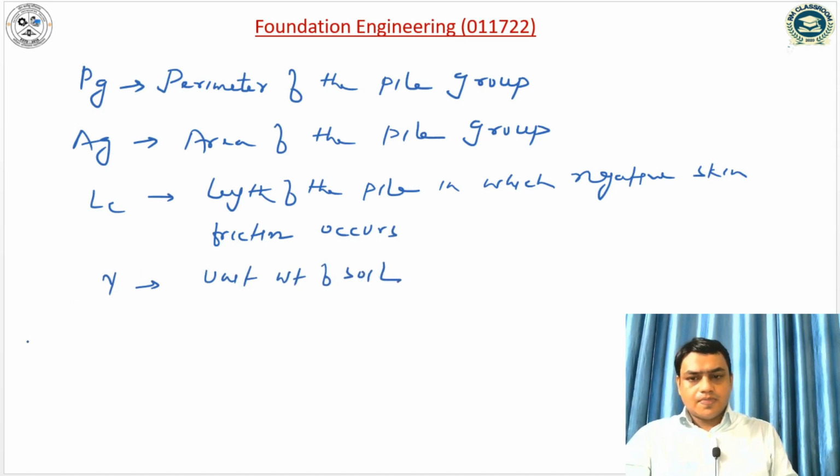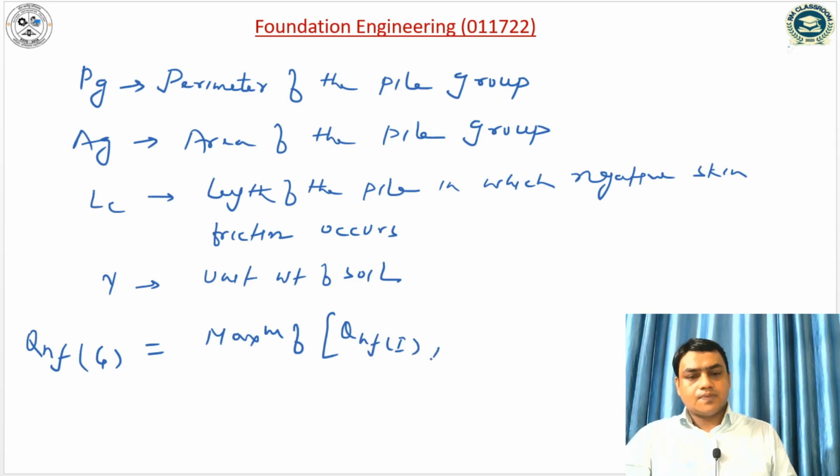So the negative skin friction resistance for the pile group is equal to the maximum of negative skin friction of the individual action and negative skin frictional resistance for the block action.